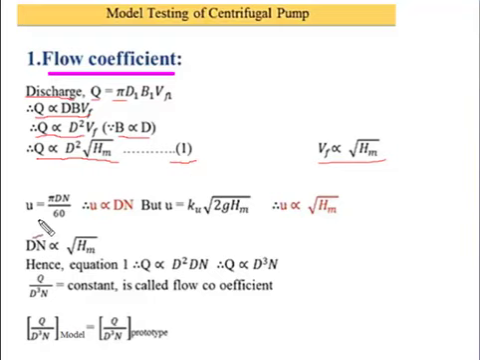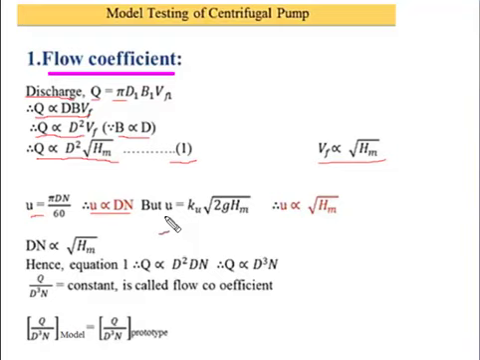Here U is equal to pi dn divided by 60. We know that the tangential velocity of blade is equal to this. From this we eliminate the constant pi by 60. Therefore we get U is directly proportional to dn. But also we know that speed ratio Ku is equal to blade velocity divided by jet velocity.